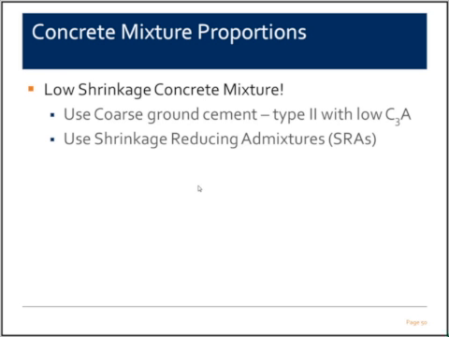And this value is very difficult to meet with conventional concrete mix designs. In each project, these ready-mix producers had to use shrinkage-reducing admixtures. And by doing that, they were able to achieve that 300 microstrain requirement.